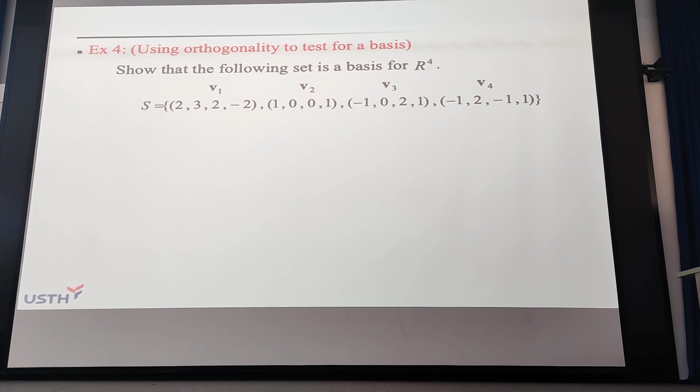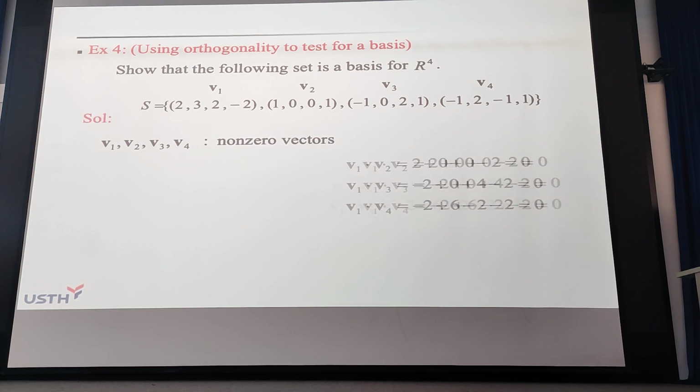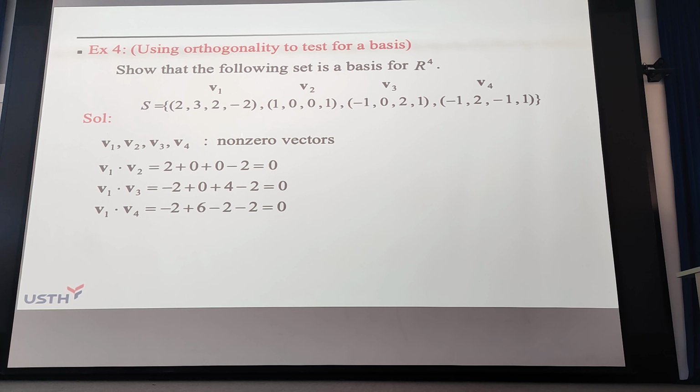But now it is very easy. In case you know what the inner product is, you need only to show that V1, V2, V3, V4 are orthogonal to each other. You need to verify, first, that they are non-zero vectors, and that the inner product, or the dot product, is 0 like that.